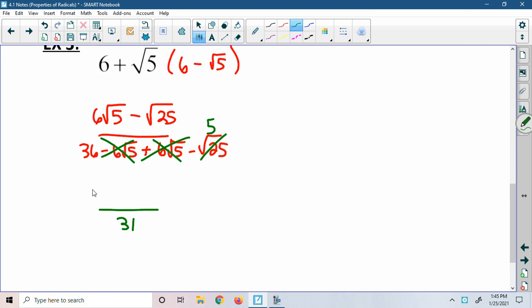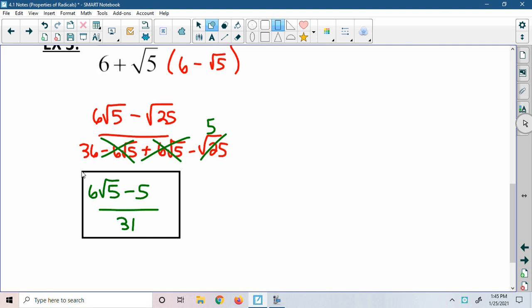On the top, we have 6 square roots of 5 minus 5. There's nothing that can divide out of all 3 terms there, and so that is as far as we go. We can't simplify it any farther. But we did our job.